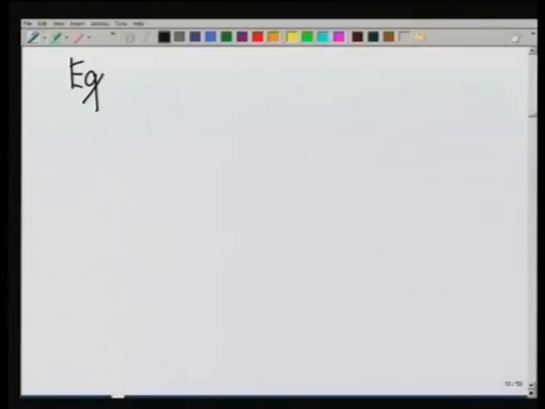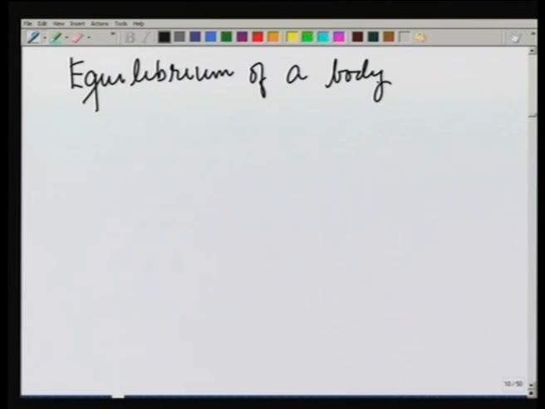So, this is a general review of vectors that we have done, and now we are ready to look at equilibrium of a body under applied forces.